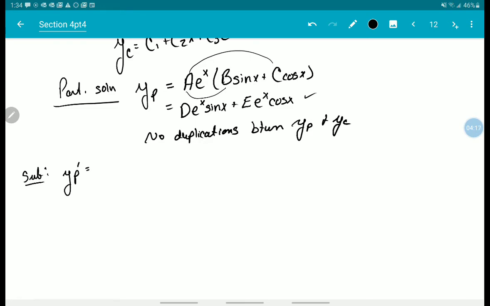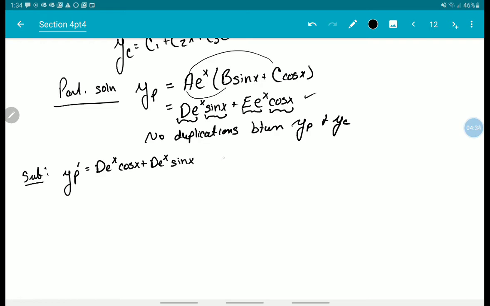So if we look at first derivative, we're going to have to apply product rule. So it's first one, derivative of the second, plus second one, derivative of the first. Apply product here.